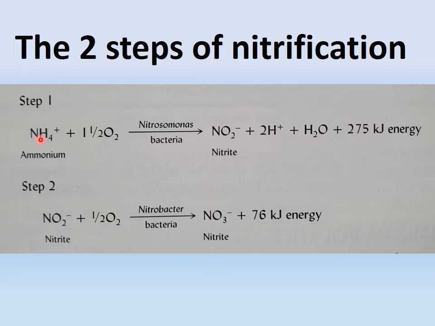In the first step, the ammonium ions are oxidized to produce your nitrite ions with further release of your hydrogen ions, which reduce soil pH. And then the second step is when the nitrite ions are further oxidized by Nitrobacter bacteria to produce your nitrate ions.